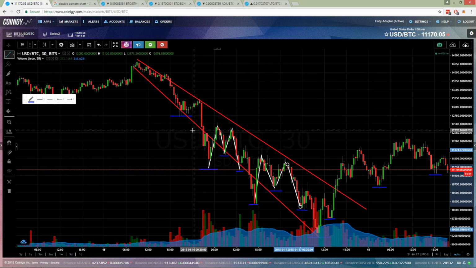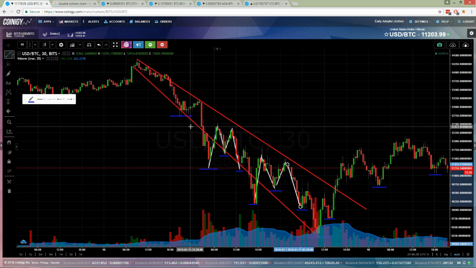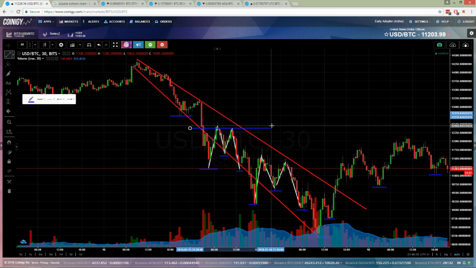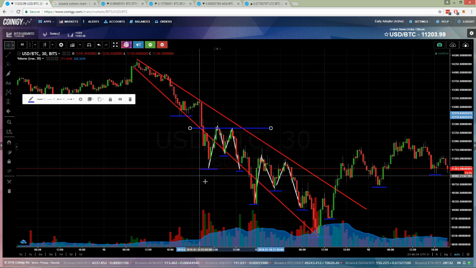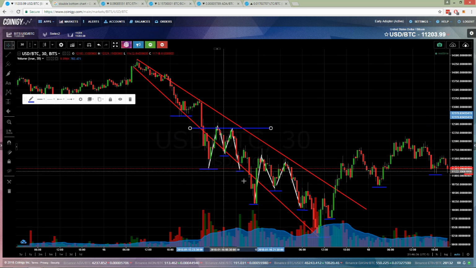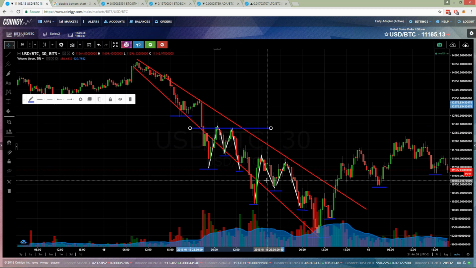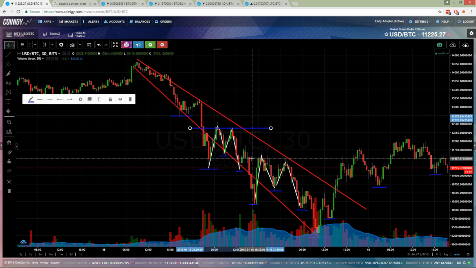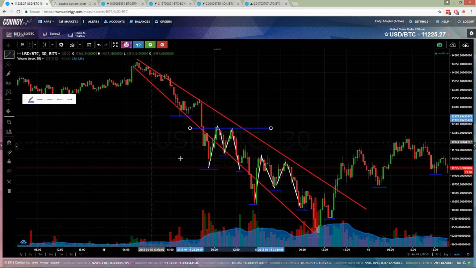So let's draw our neckline or our confirmation line. So we could do two of them. We could draw one up here and say, well, this is one because this tried to form. And again, this is not a perfect double bottom chart pattern. I'm not saying that, but it does give you some indication of where the price might be headed.